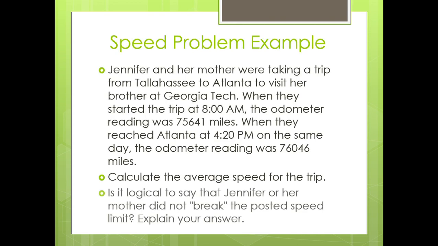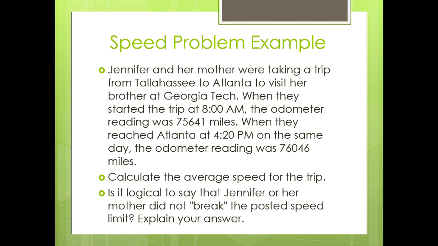Before we start with the process, we're going to have a speed problem here. Jennifer and her mother were taking a trip from Tallahassee to Atlanta to visit her brother at Georgia Tech. When they started the trip at 8 a.m., the odometer reading was 75,641 miles.